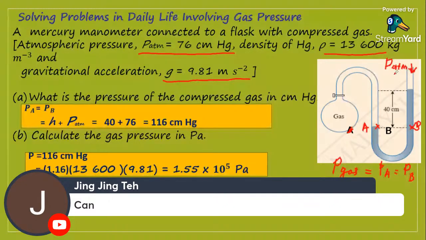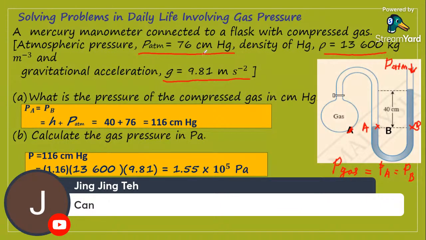And then the difference in level between A and B here is 40 centimeter. Above point B is an H centimeter of mercury. Thus, what is the gas pressure? H plus atmospheric pressure. We can just add straight away because the liquid is mercury and the unit is centimeter.